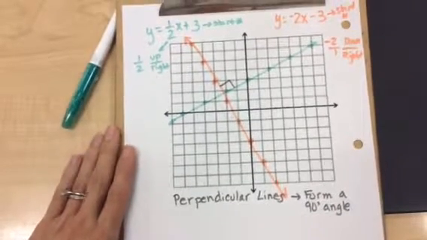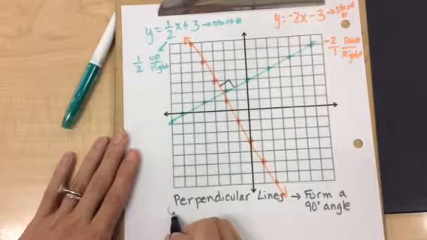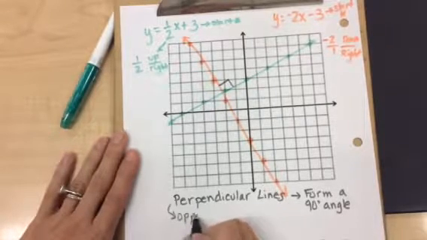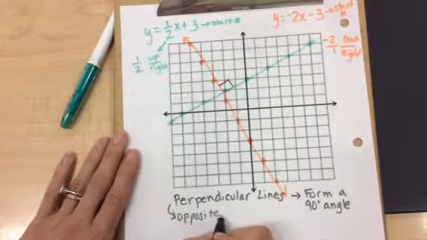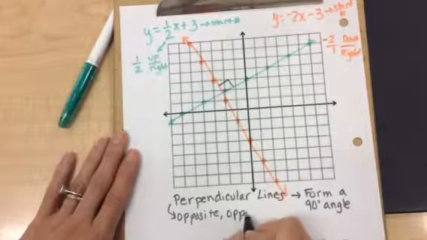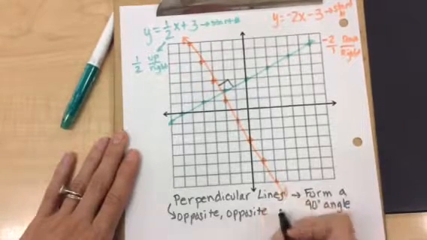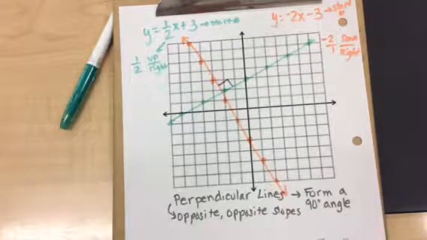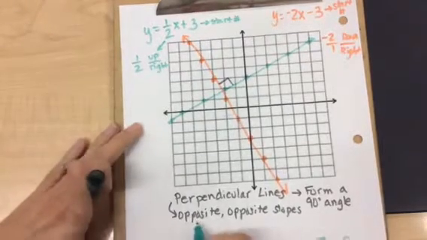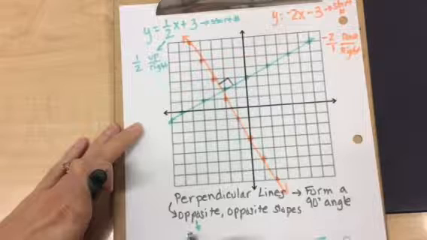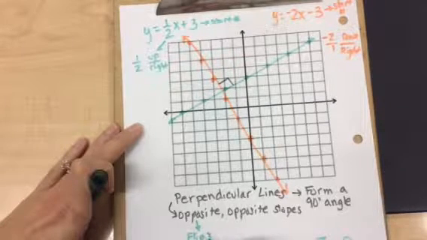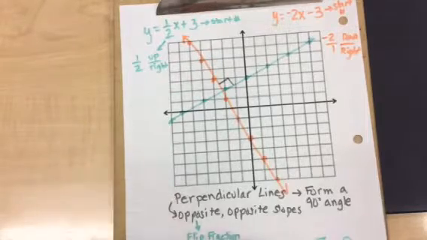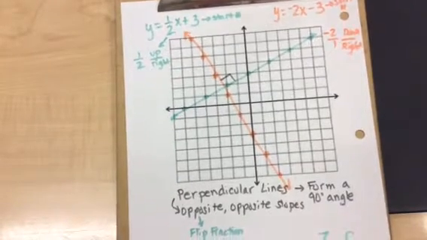They also have slopes. We call this the opposite slopes. What that means is you're going to flip the fraction, and you're also going to change the sign.